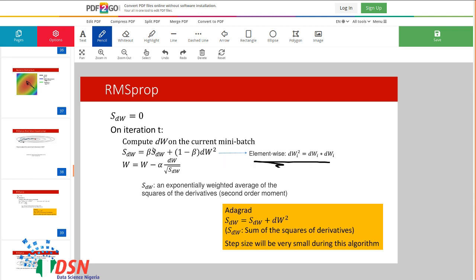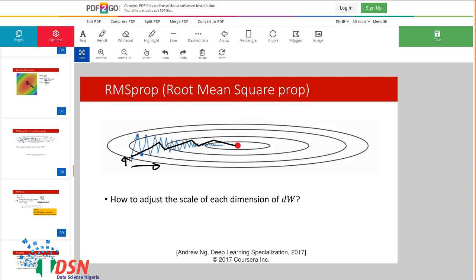So we have the S of dW, and we create a moving average of those S of dW's, which are kind of averaging over element-wise squared changes. Okay, so dW is the change. So if we are in this step and we have a two-dimensional thing, in this case this is the dW1 and this is dW2.